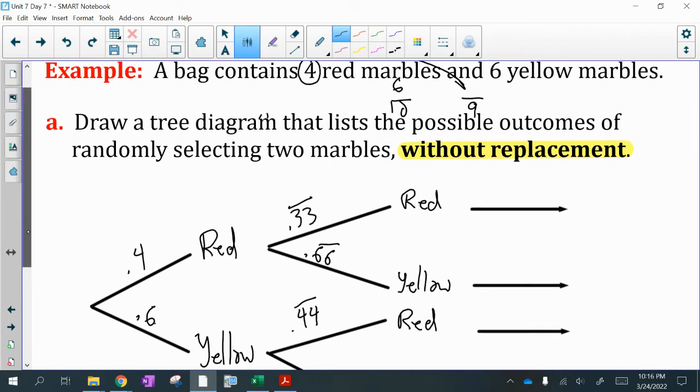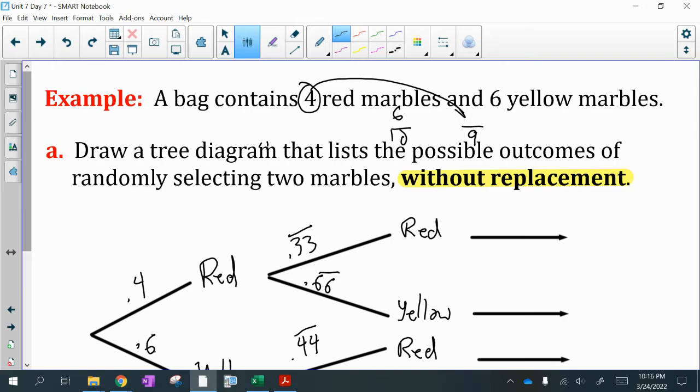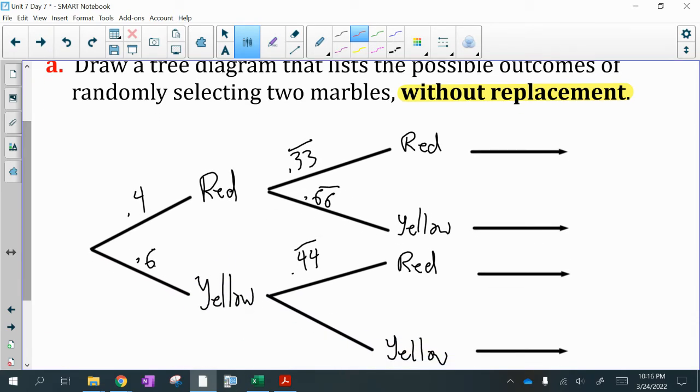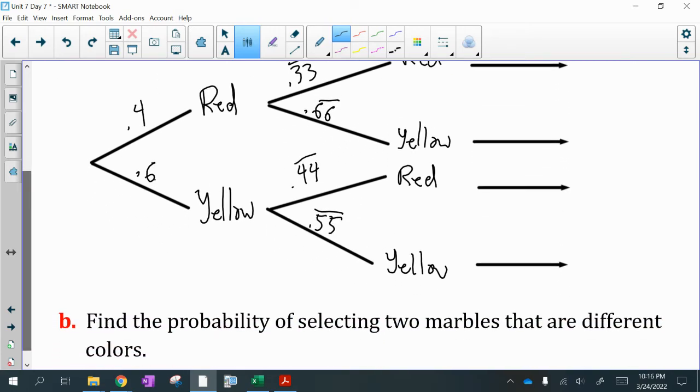And I'm going to try the same thing with my yellow marbles, except this time, since I've drawn 1 marble, and the marble I drew originally was yellow, I've only got 5 yellow marbles left. So that's going to get me 5 out of 9, or 0.55 repeating.